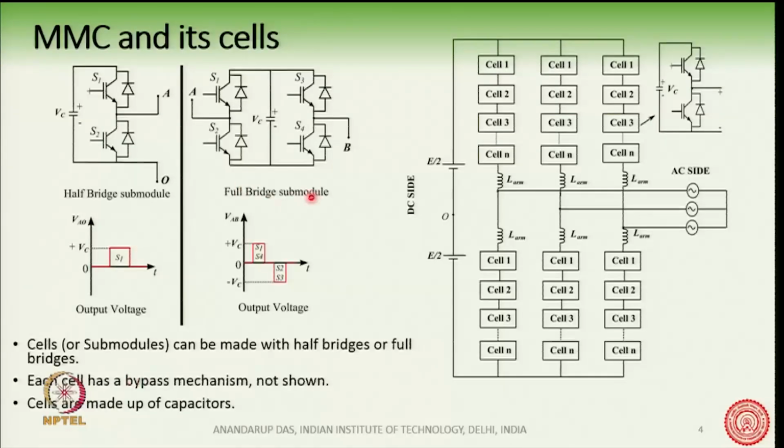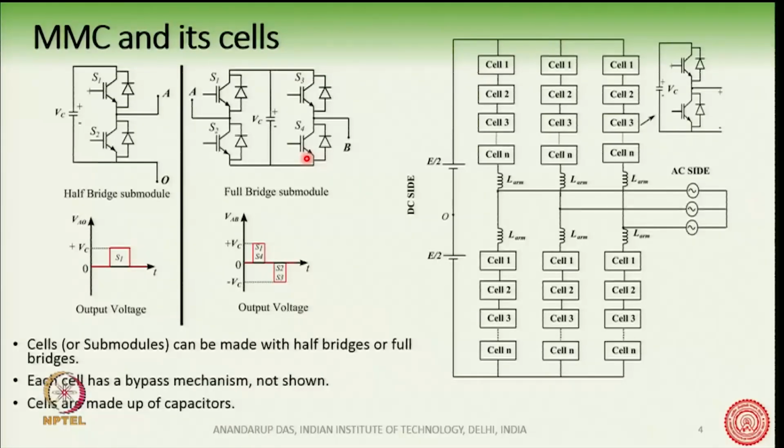On the other hand, for the full bridge submodule, if I turn on the 2 diagonal switches S1 and S4, then the voltage VAB is equal to the positive DC bus voltage, that is plus Vc. If I turn on the other 2 diagonal switches, then I can get a negative voltage, minus Vc, at the output, and if I turn on S1 and S3, or S2 and S4, then I get 0 voltage at the output.